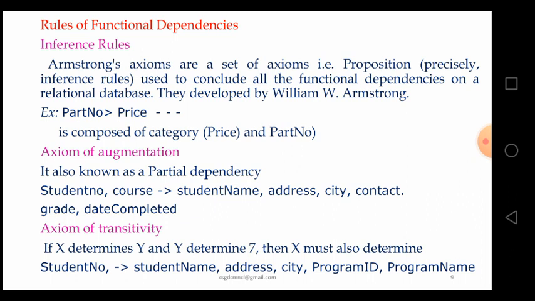However, we still need to assign a foreign key in the student table so that we can determine which program the student is enrolled in. Student number to student name, address, city, program ID. Here program ID to program name.